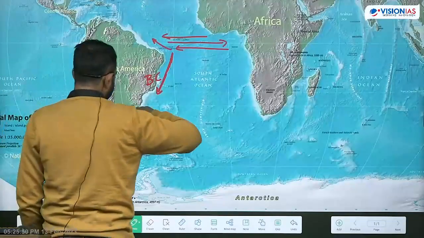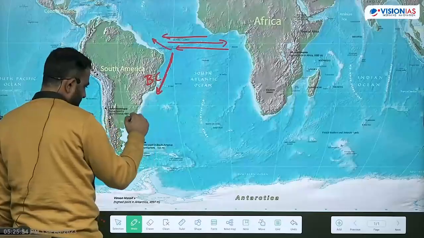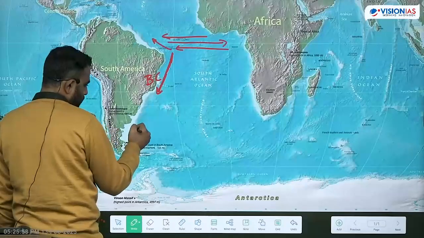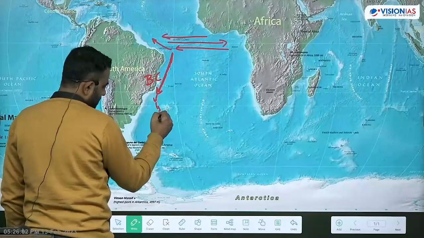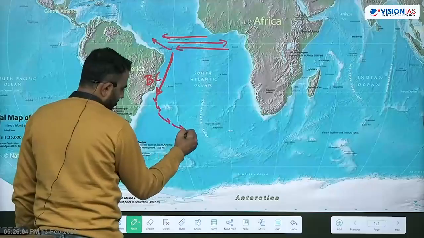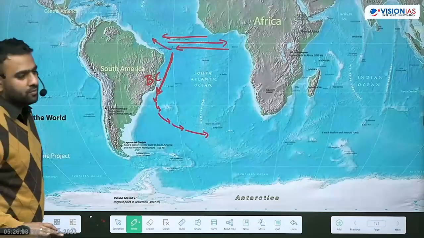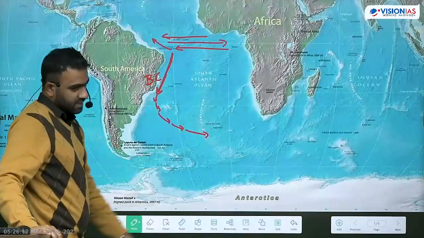If you observe this closely, the coast of South America goes in this direction. However, the current will not follow the coast here, because as it starts to come towards the lower latitudes, it will undergo total deflection towards the left side. Two reasons: one, the influence of Coriolis force, another, the influence of westerlies.